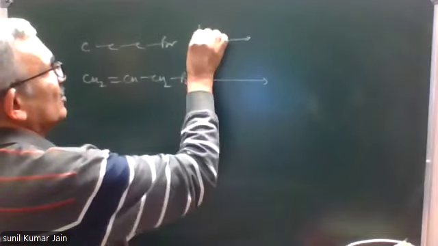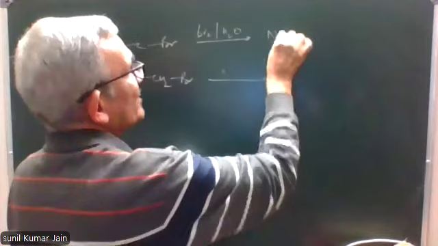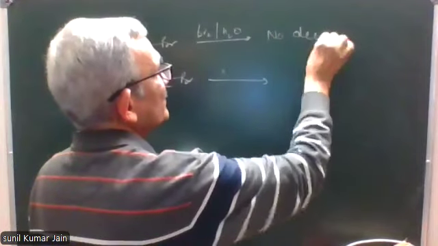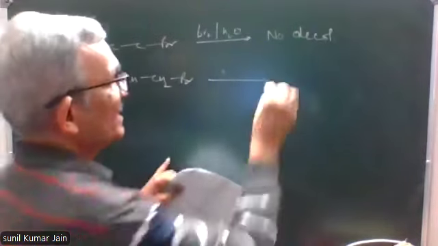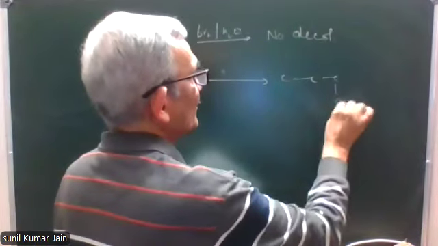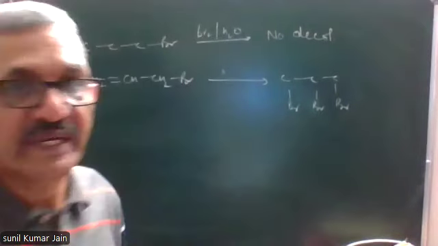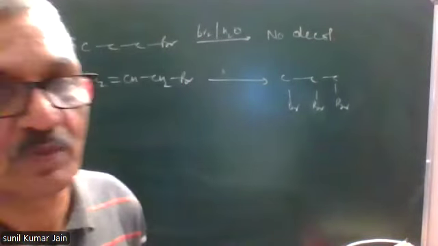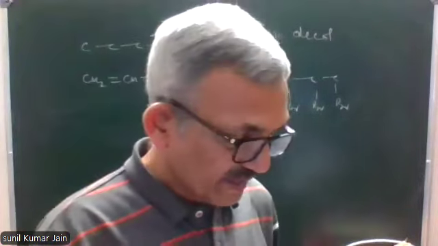So react with bromine water. In the first case, no decolorization. There's no color change in the first case because no reaction will take place. In the second case, the product obtained is 1,2,3-tribromopropane and bromine water gets decolorized. This is the color change.